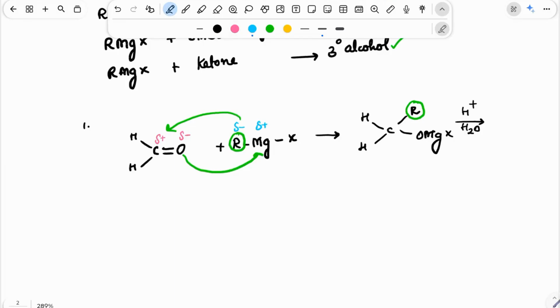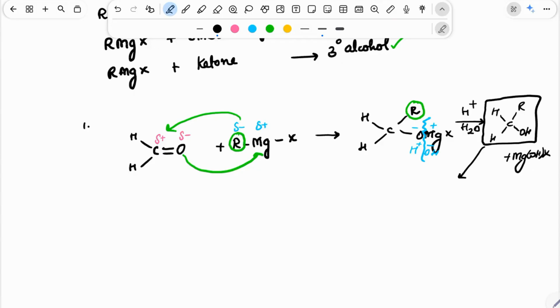Next step, hydrolysis. When it undergoes hydrolysis in the presence of water, the hydrolysis happens on OMgX. It's O minus Mg plus. So in water it is H plus, OH minus. In this way it's hydrolyzed, and I am getting the product, OH.